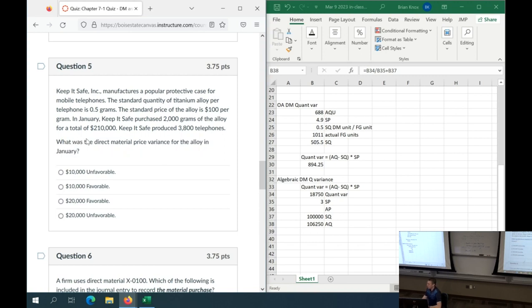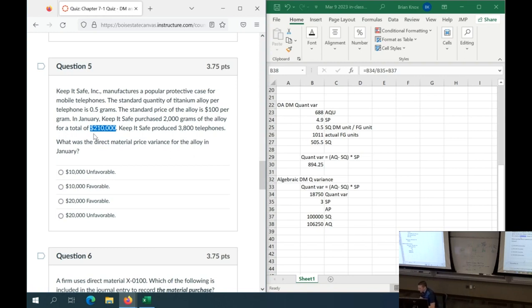All right. I haven't really parsed this entirely out in my head, but what called my attention when I read it is I gave you a total actual number here. I said this rectangle right here overall is $210,000. Actual quantity, 2,000 grams, times some actual price gives us $210,000.